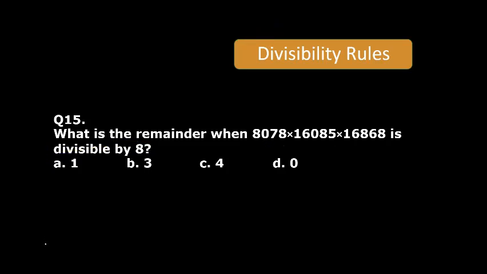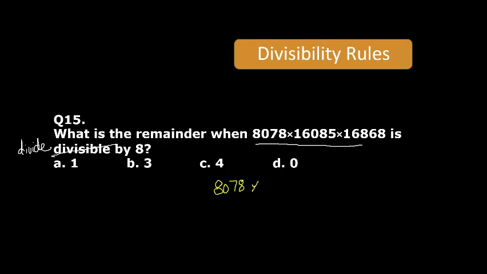Now let's try this. We are multiplying these numbers and we have to divide it by 8. What will be the remainder? Do you know what the rule of 8 was? Just see the last three digits.